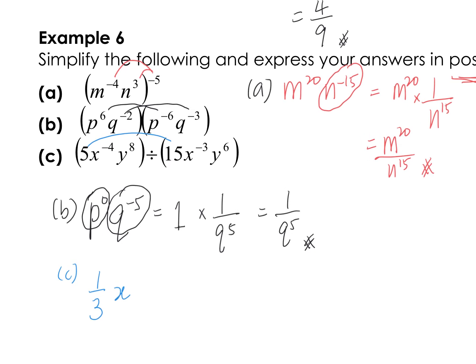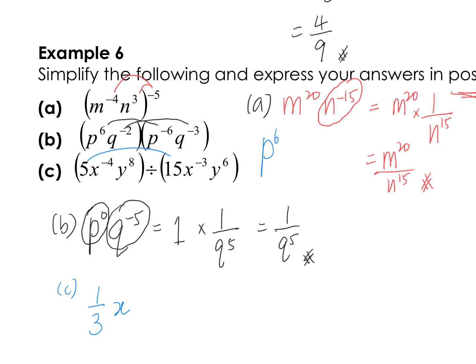Yes, Vishan, why? P^6 plus -6, gone. Yeah, when you add it, it's gone. Okay, then what about this? What do I get? -1. Okay, then what is your y?